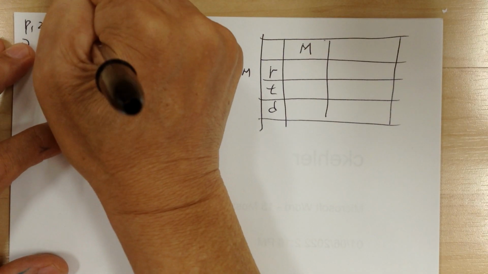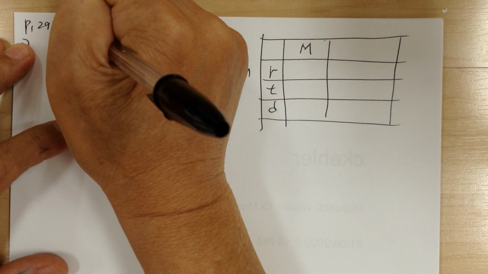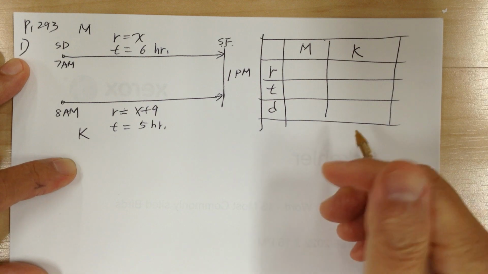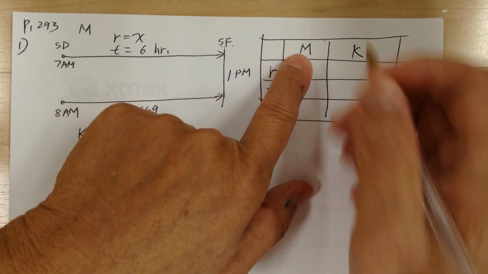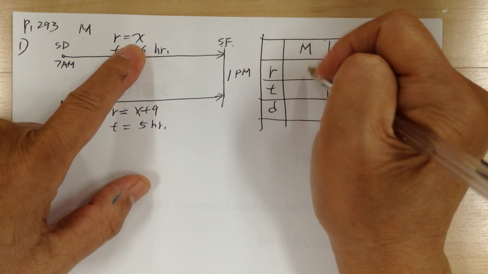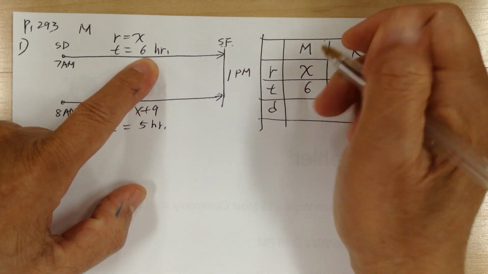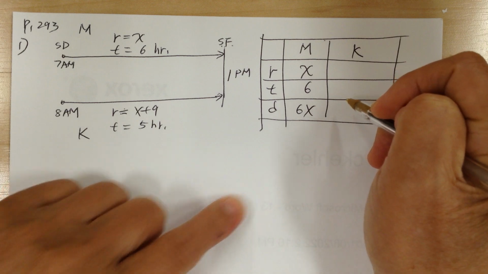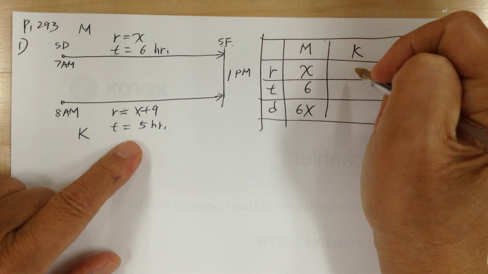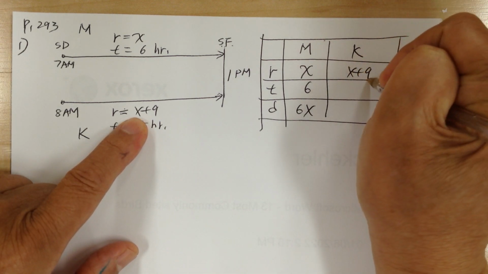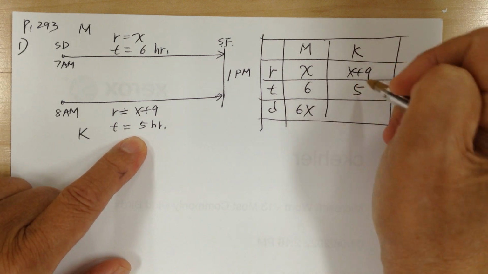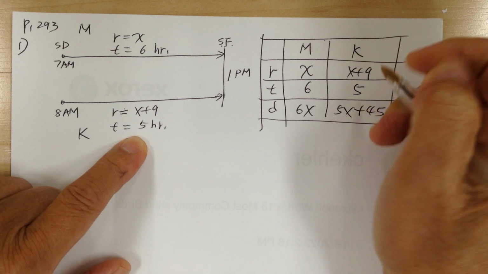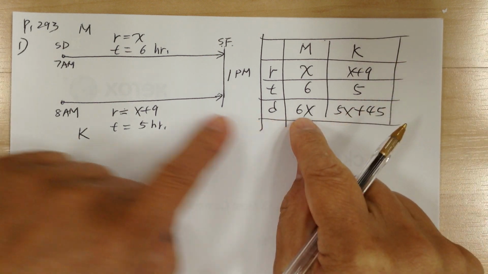This is the Malone family and the King family. For the Malone family, the speed is x, the time is 6 hours, and the distance you don't know, so you just multiply to get 6x. For the King family, the rate is x plus 9 and the time is 5, so when you multiply, you get 5x plus 45. Now this is the distance for each family.